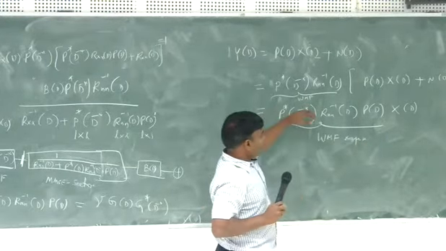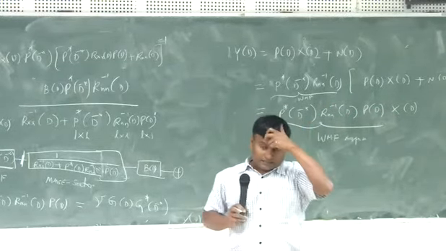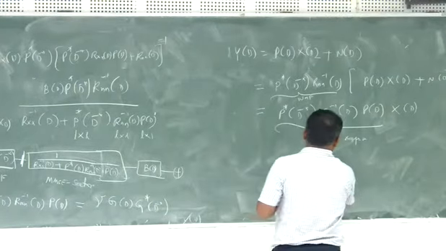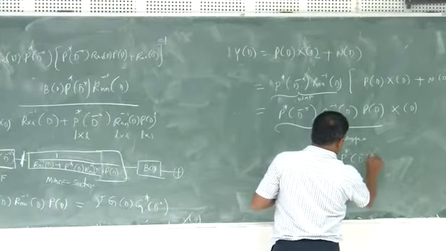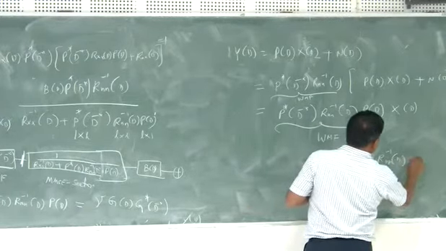After applying, this is what you would get, because this is what multiplies X of D. But interestingly, I also have P star D inverse Rn inverse D multiplying N of D.